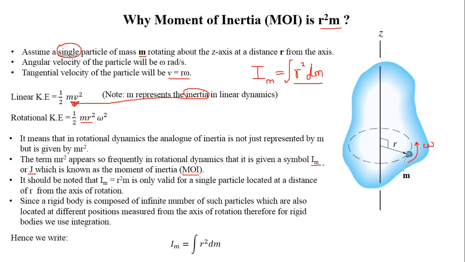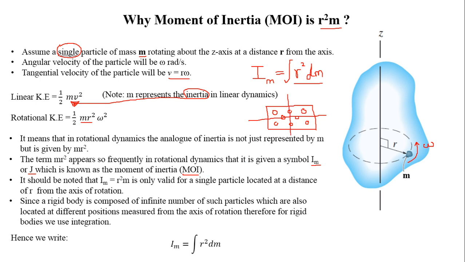This formulation, r square m or r square dm, was for a single particle. But when we consider rigid bodies, for example a plate, which has finite dimensions in x and y, the plate is made up of an infinite number of particles, each having some mass dm, located at different locations measured from some axis, for example its centroidal axis.